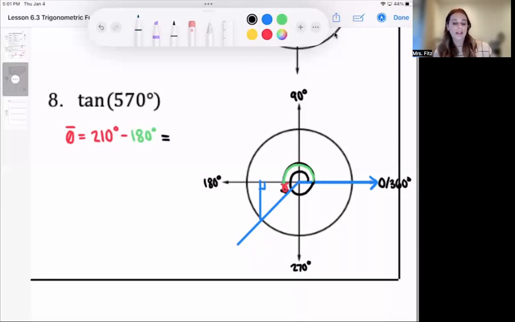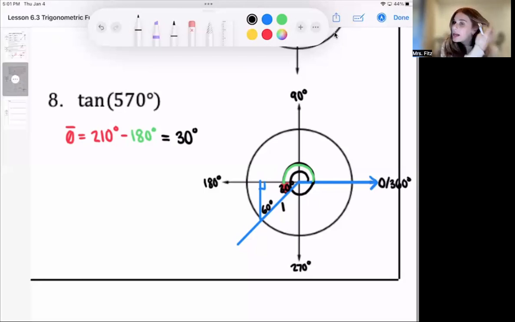All right, so 210 minus 180 is 30 degrees. So we have a 30, 60, 90 triangle. Be careful here. Although this one is also in quadrant 3, your reference angle is 30 degrees, not 60 degrees.